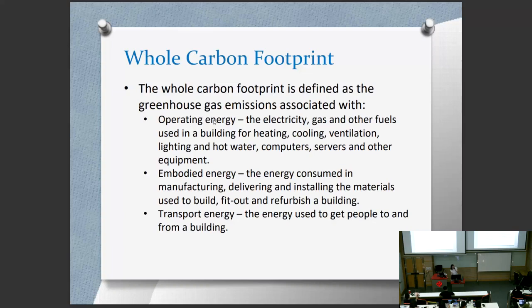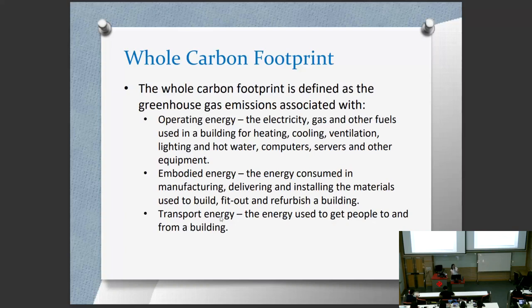Operating energy is not just electricity, but also gas and other fuel used in the building, services, the equipment, everything. The embodied energy is the energy consumed for manufacturing, delivering, and installing the materials used to build, fit out, and refurbish the building. We have the initial embodied and then the recurring embodied due to renovation and refurbishment after a few years.